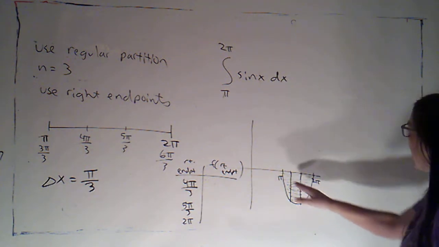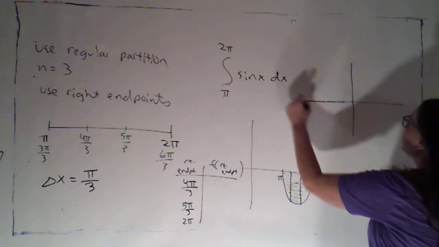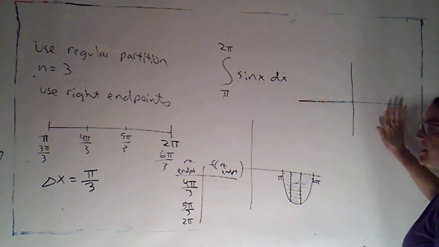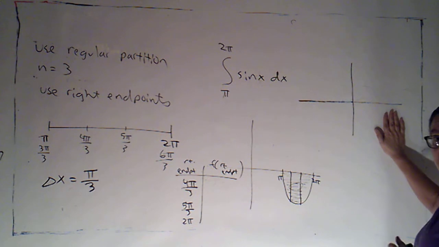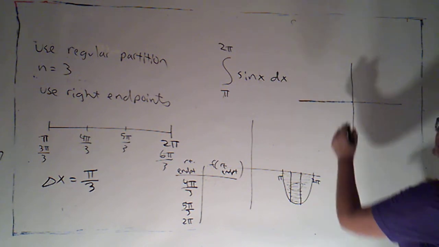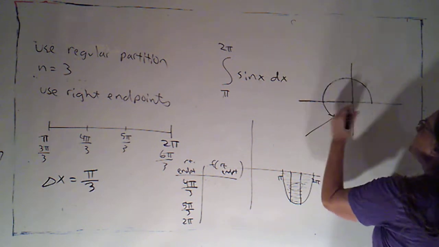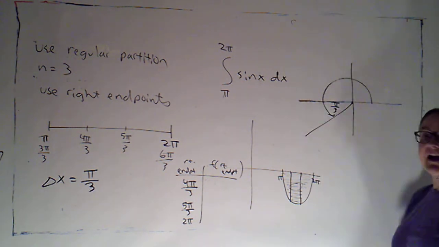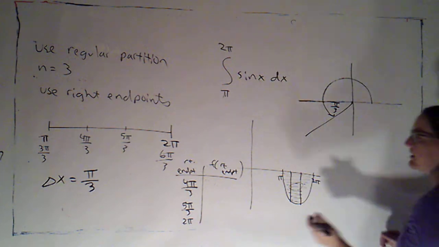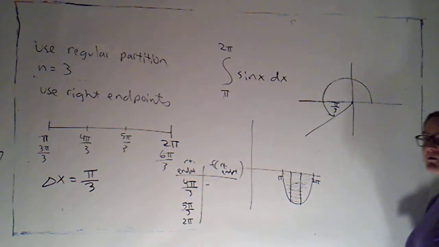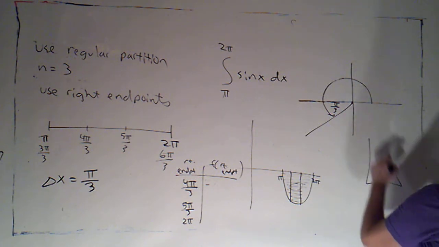Okay, so all of this, if we're going from pi to 2 pi, all of this puts me in either quadrants 3 or 4 where sign is negative. And I can sort of see that. So all of my heights are just going to be negative. Okay. So let's see, 4 pi over 3 would be here with a reference angle of pi over 3. And so if I evaluate sine there, it's negative because we're in quadrant 3. The reference angle is pi over 3, which is 60 degrees.